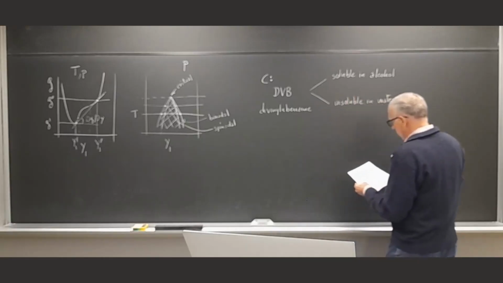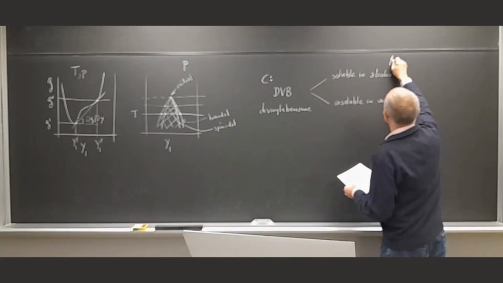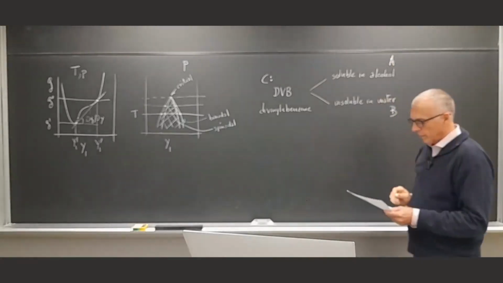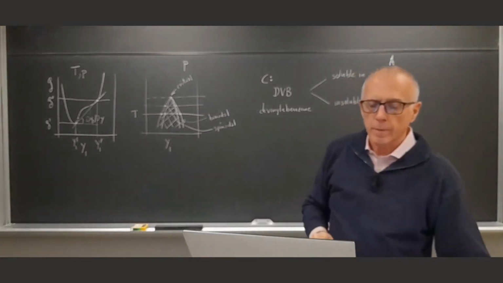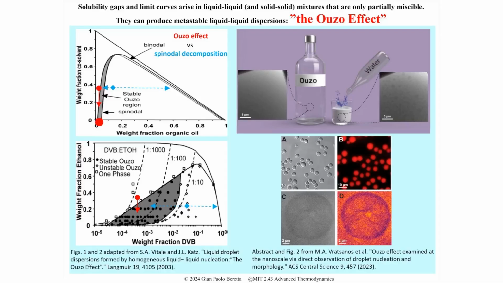So let's call water B and alcohol A. Here we have the mole fraction of the organic oil, that's our C, and this is the mole fraction of the ethanol, which is our A.